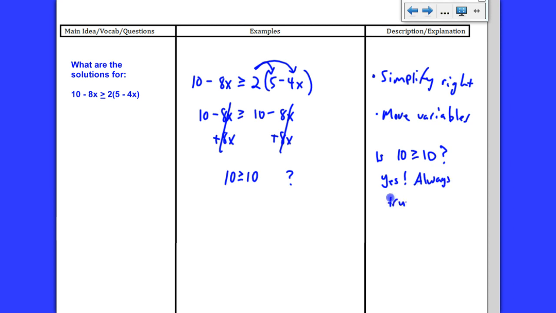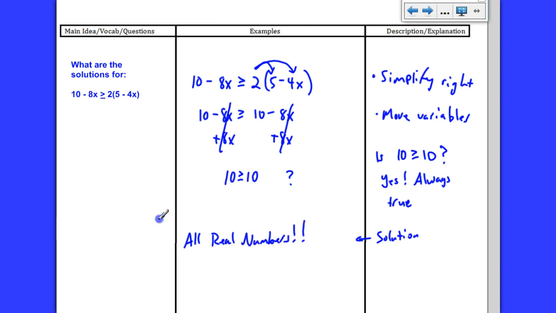Then if that is the case, that means I can basically put any number in the world that I can think of into this equation and get a true statement. So the solution is basically this: we say all real numbers.